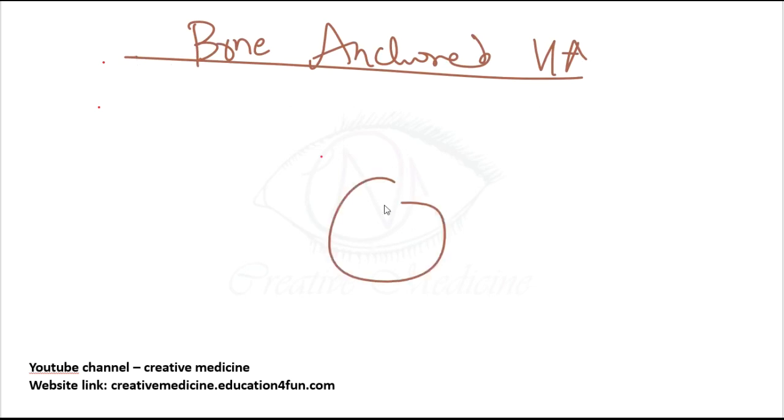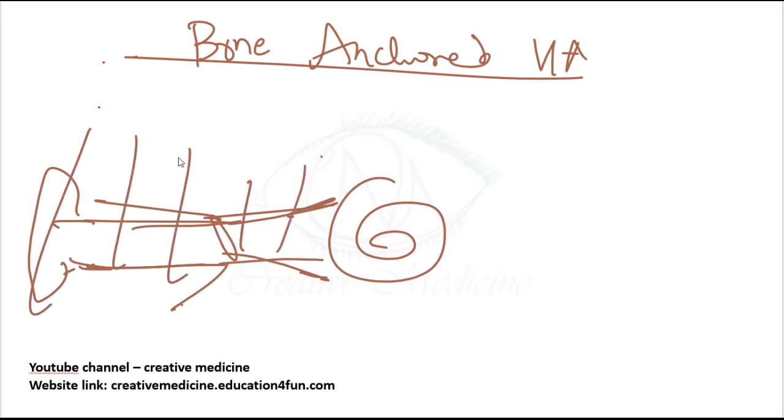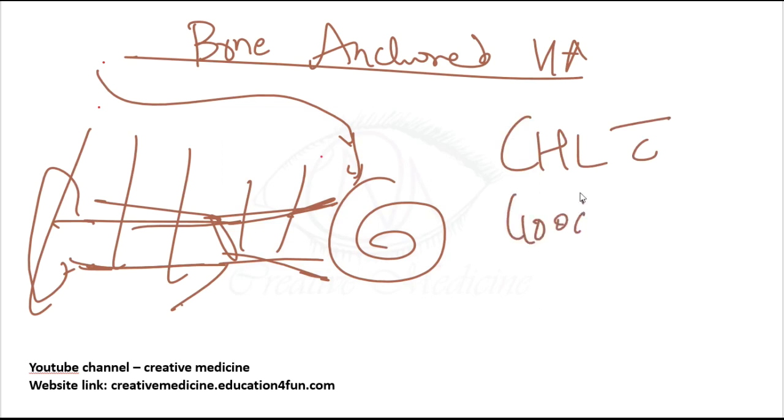So if this is the inner ear, all of this is bypassed, and directly the cochlea is stimulated, while the external ear and middle ear are bypassed. It is mainly used in conductive hearing loss with good cochlear function.